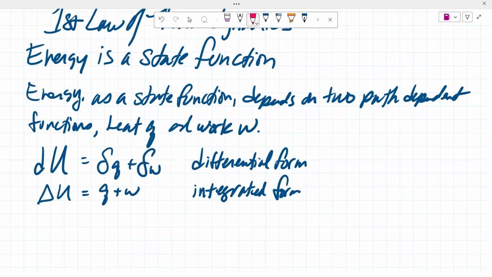And this here is the first law of thermodynamics. Kind of important stuff.